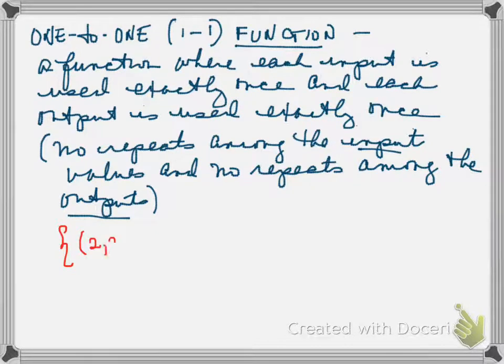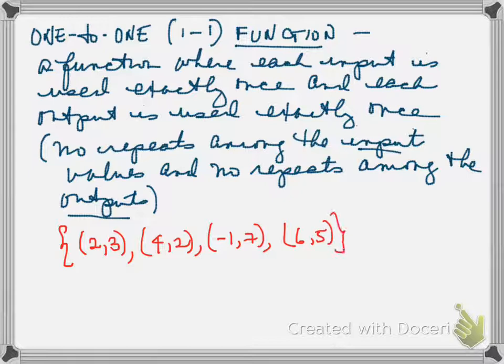If we have the ordered pairs (2, 3), (4, 2), (-1, 7), and (6, 5), this is a function because when I look across the input values, I see a 2, a 4, a negative 1, and a 6, no repeats, and it is one-to-one. When you look at the output values, 3, 2, 7, 5, none of them are duplicated.